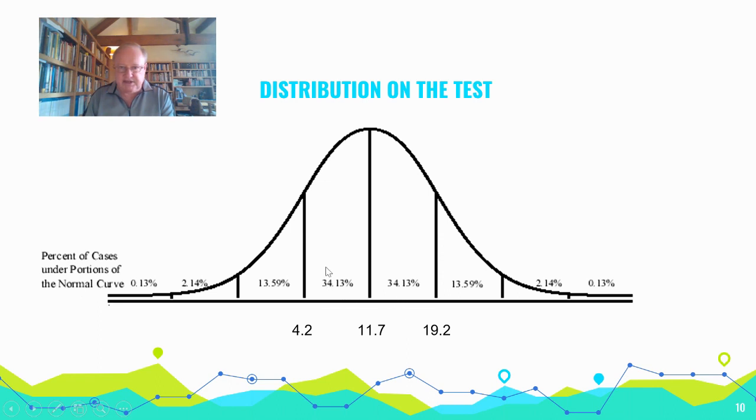So 68.26% of all of our learners we would expect to score between 4.2 and 19.2.